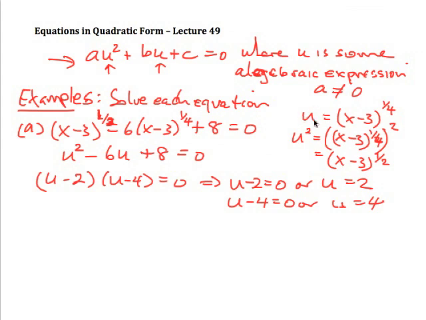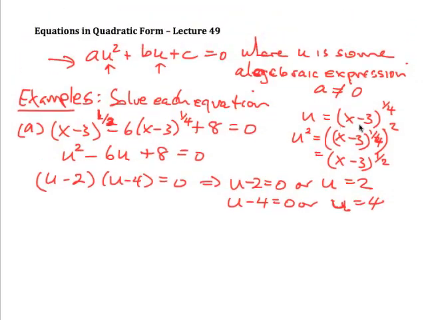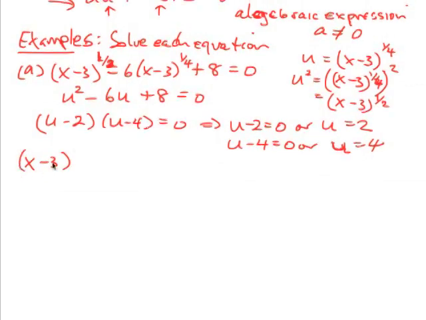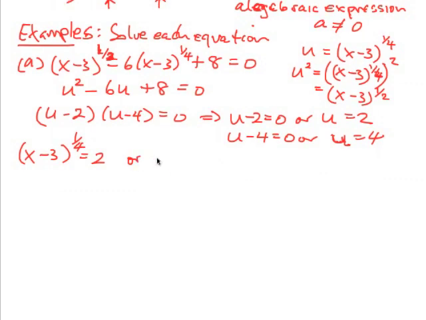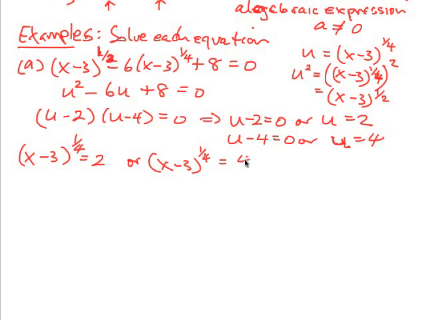However, this u is really sort of like a dummy variable. It's just allowing us to get at this quadratic. So this is not our answer. Our answer must be in terms of x. So this tells me that x minus 3 to the quarter is equal to 2, or x minus 3 to the quarter is equal to 4.